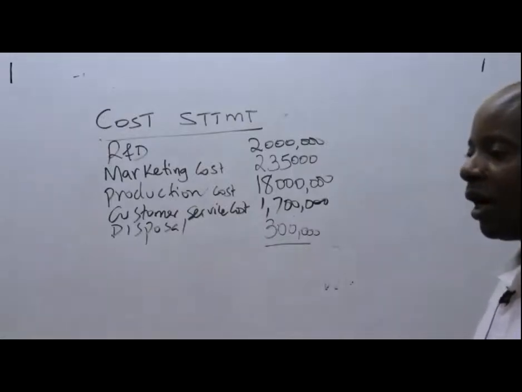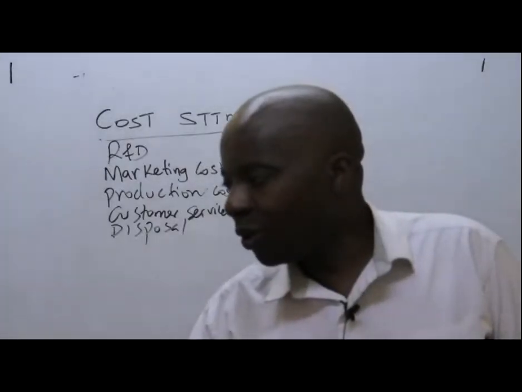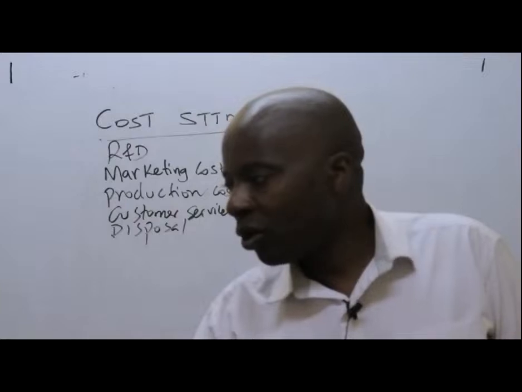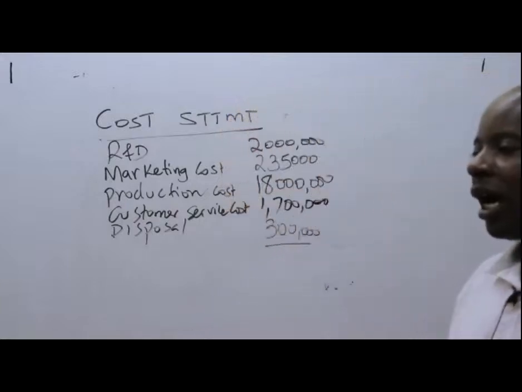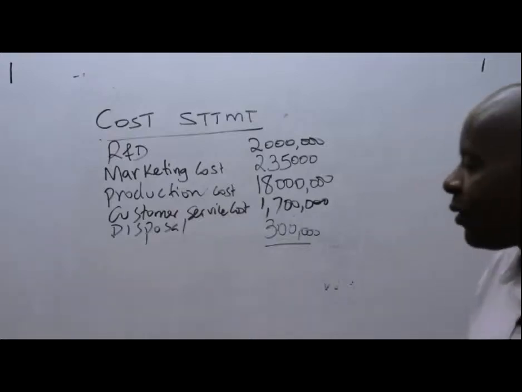Give us our total cost of producing this product over the entire life cycle. 22.235.